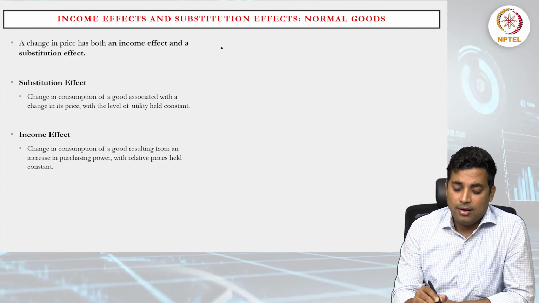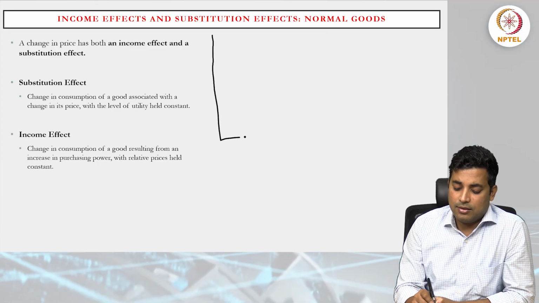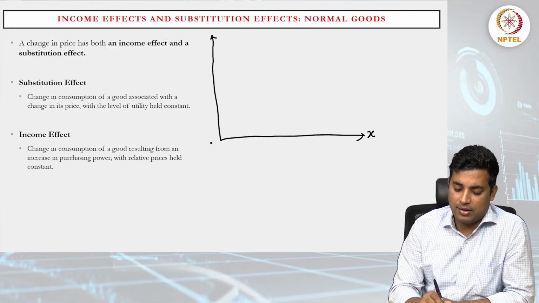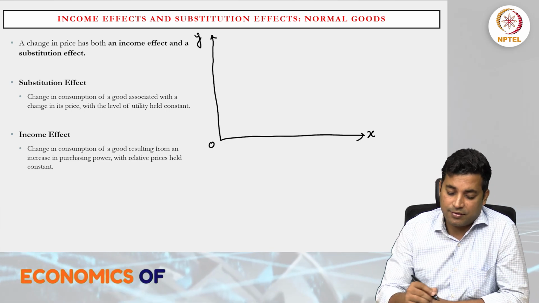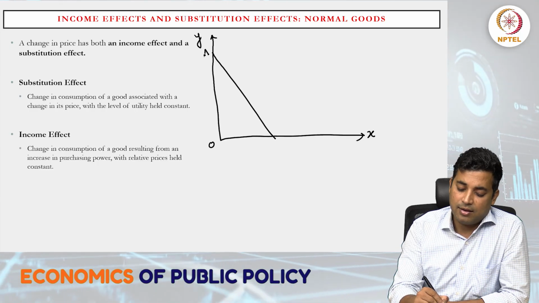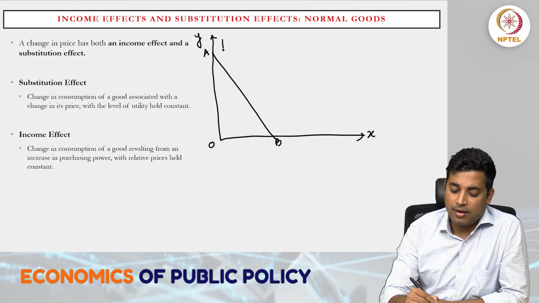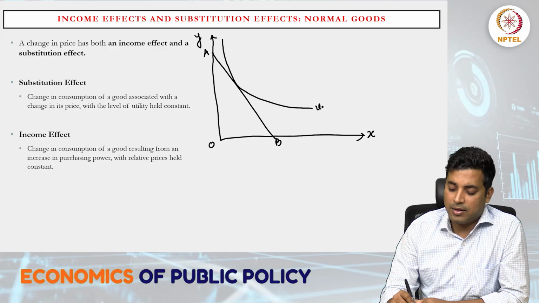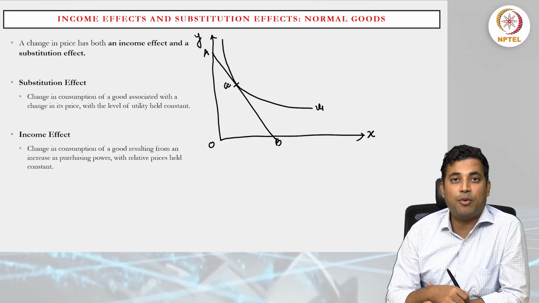So let's consider normal goods, and let's draw it, because with the help of a graphical illustration it will be much easier to understand. Say AB is the initial budget line, and we have a utility curve, and here small a is the first tangent point.